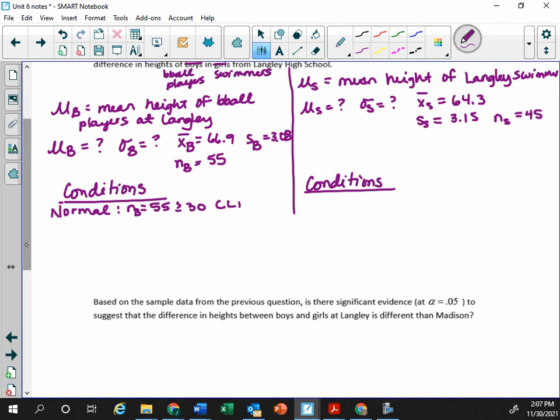So by the central limit theorem, this is normally distributed. All right, what about random? Given to us, right? They stated it. And then are the two groups independent? Yes. Cannot be in both groups.